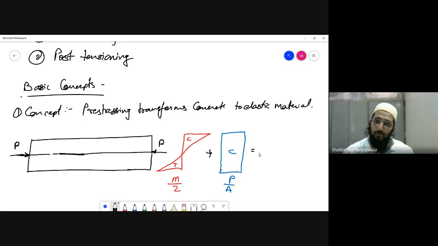So, the combination of the external load and the pre-stress load is going to give us the equivalent load.